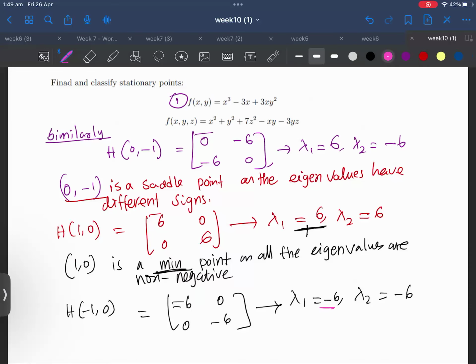If they are negative, it is the same thing, but it is a maximum point if they are non-positive. So (-1,0) is a max point as all the eigenvalues, you can see they are non-positive.